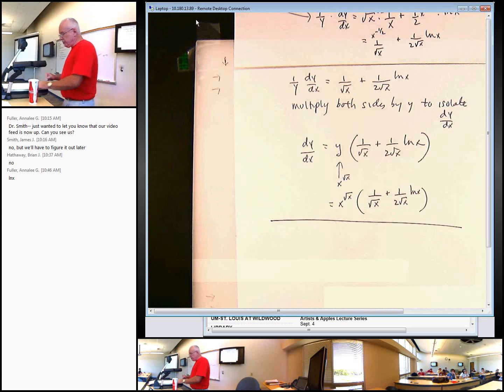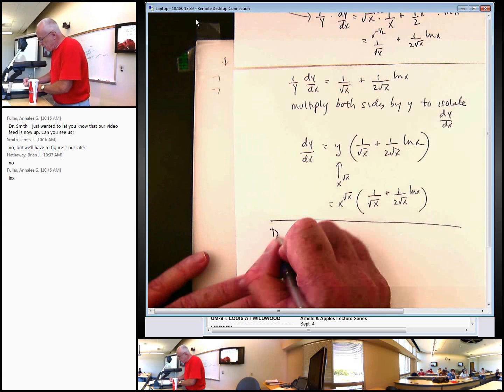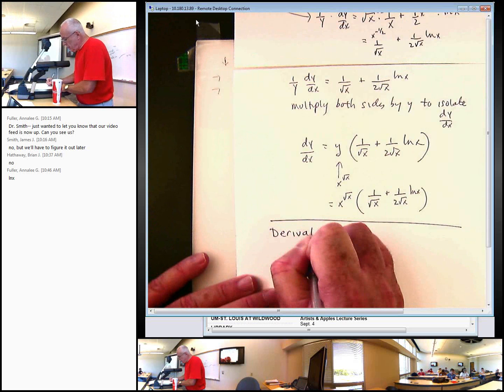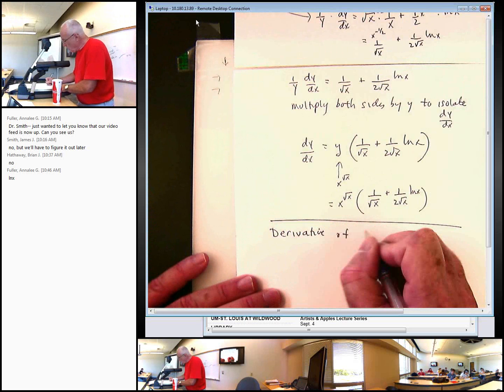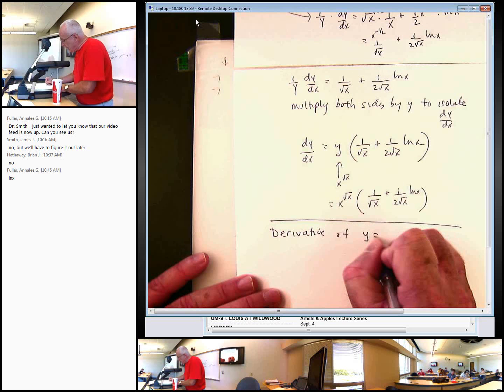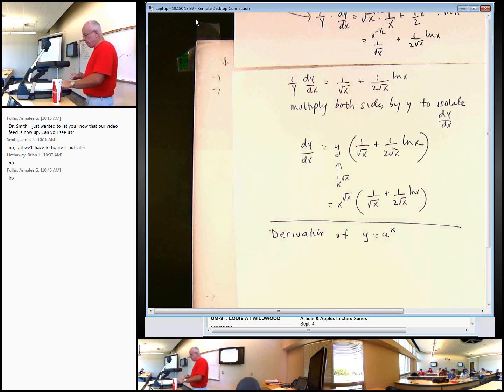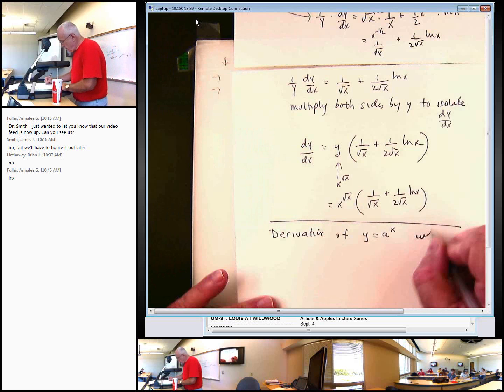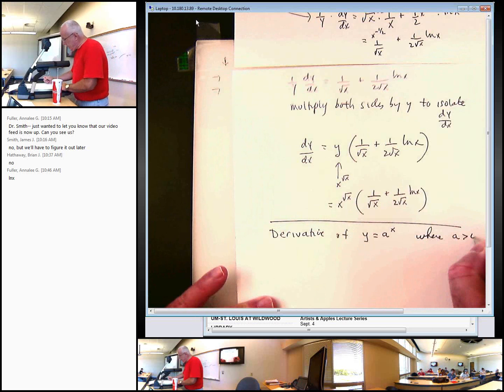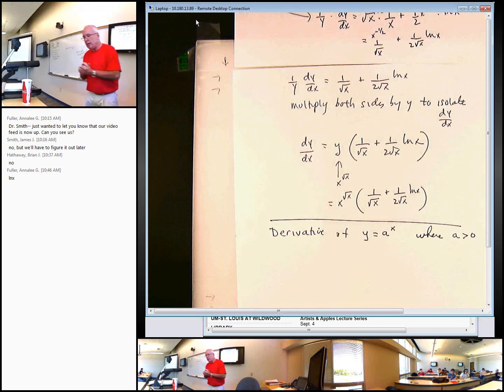The first thing is this. Let's find the derivative of y equal to a to the x power, where a is some base greater than 0.